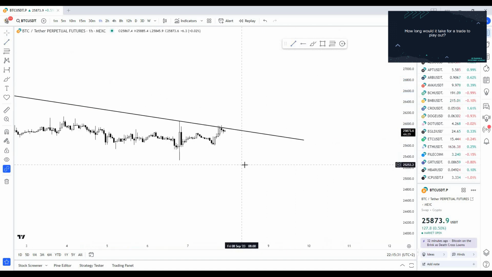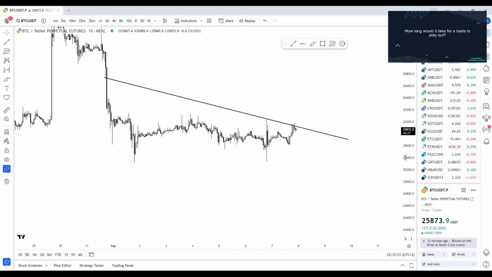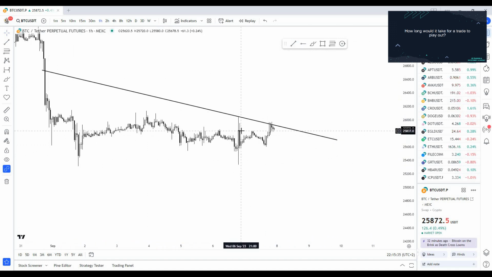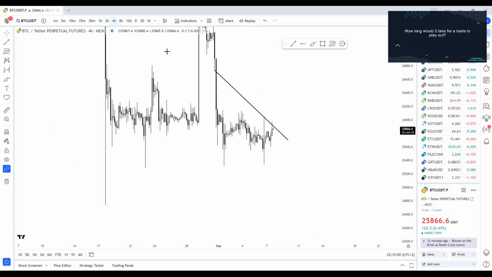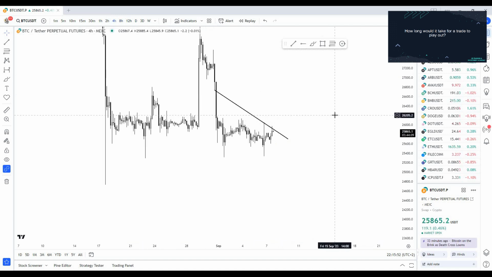Let's say I have this trend line on, and I want to know if there is a breakout. Do I have room to move up? Then it's always good to check maybe the daily or the 4 hour time frame to see if there is any resistance.